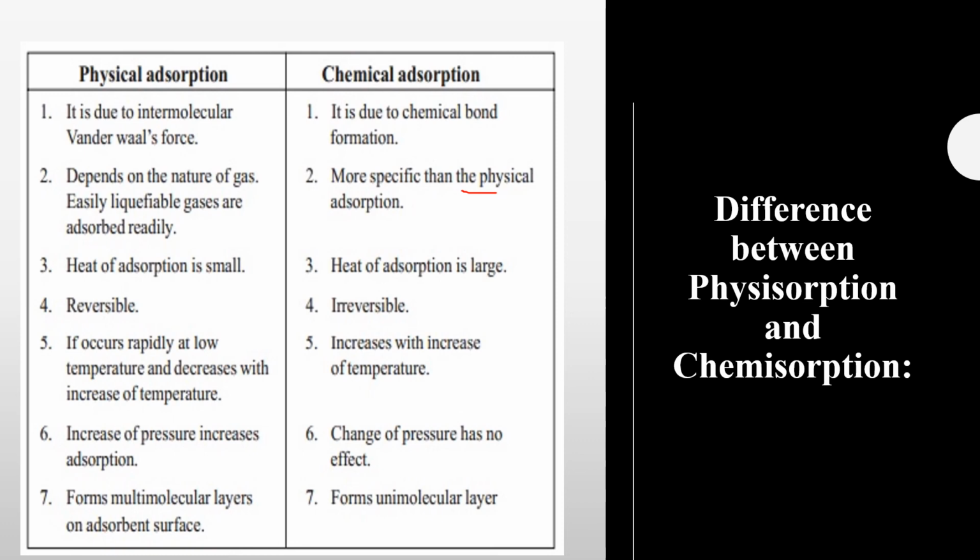Also, physical adsorption forms multi-molecular layers on the adsorbent surface, but chemical adsorption forms only unimolecular layers on the adsorbent surface. So these are the differences between chemisorption and physisorption.